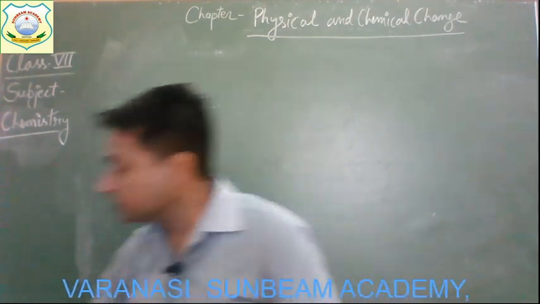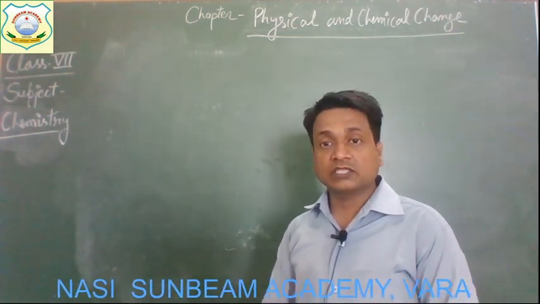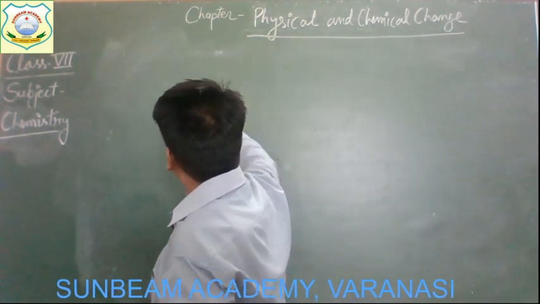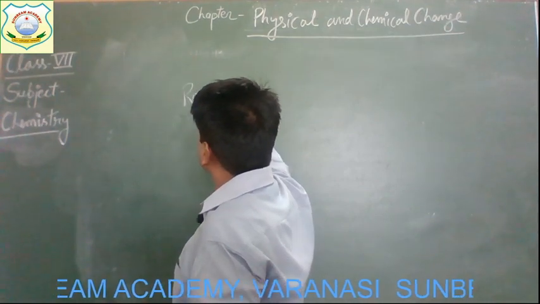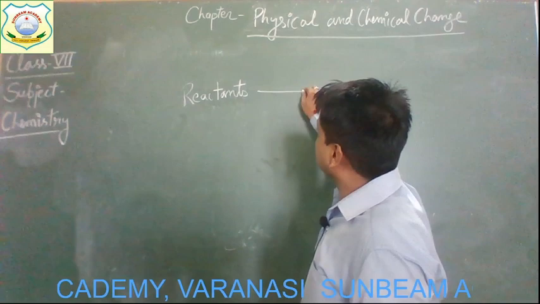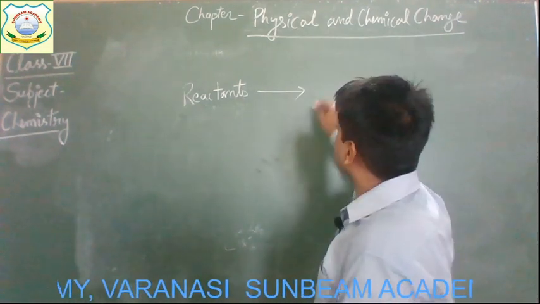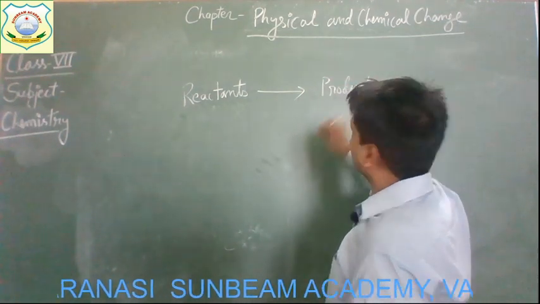So you can write that in a chemical change, which is also known as a chemical reaction, the original substances are termed as reactants, and these reactants form the new substances which are known as products.